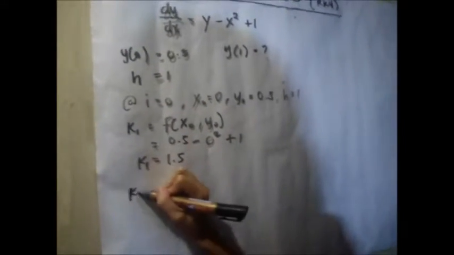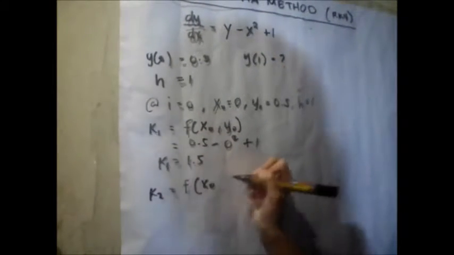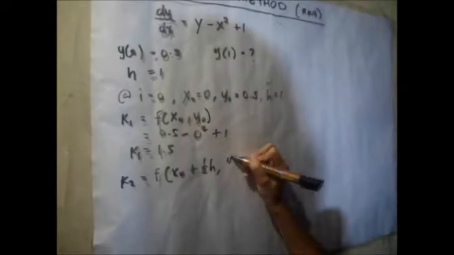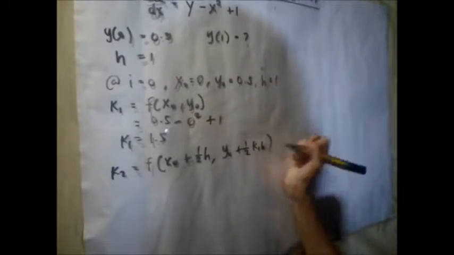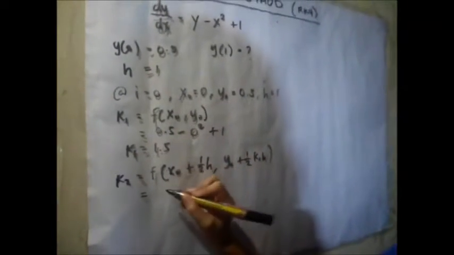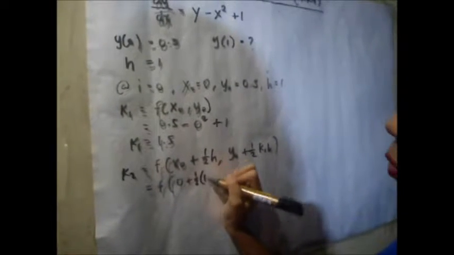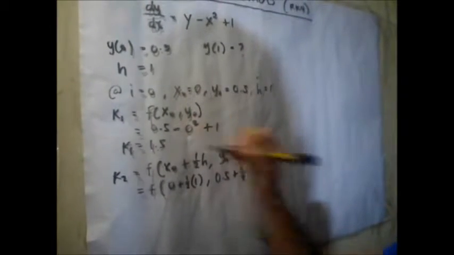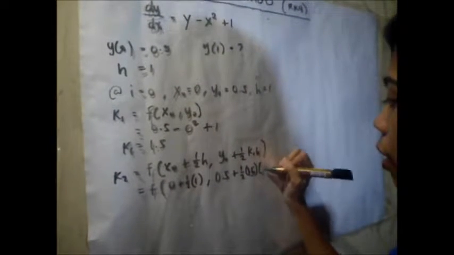So for k2, we have f of x sub 0 plus 1 half h, comma, y sub 0 plus 1 half k1 times h. So again, substitute the value. So we have f, the x sub 0 is 0 plus 1 half times 1, comma, then for the y sub 0, we have 0.5 plus 1 half, then the value of k1 is 1.5, and the h is 1.